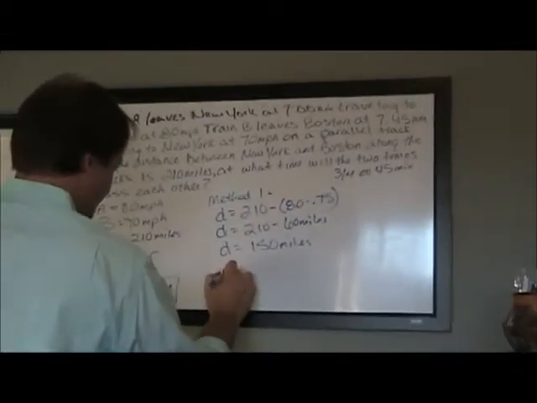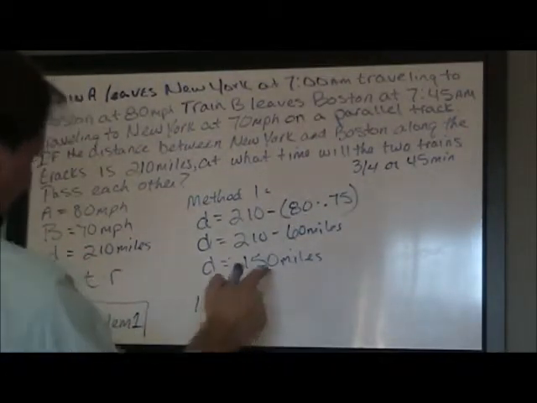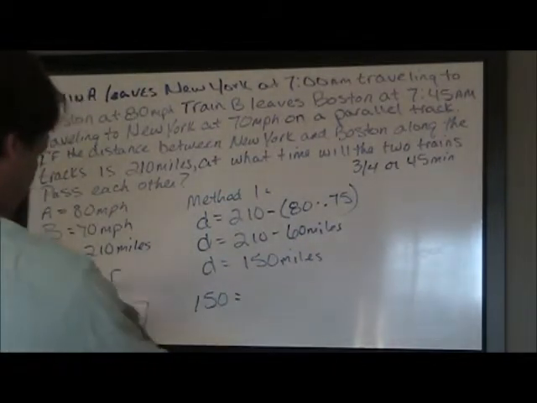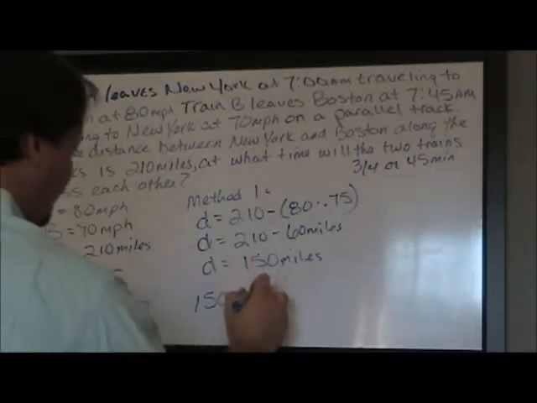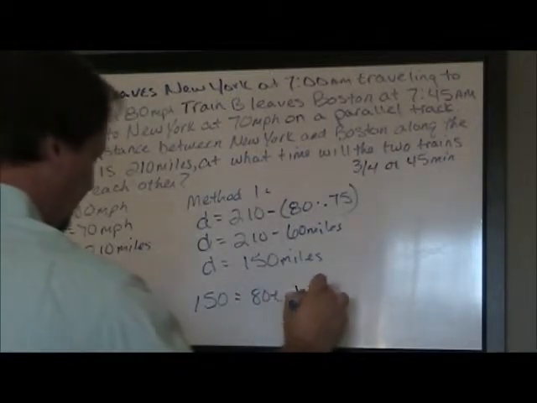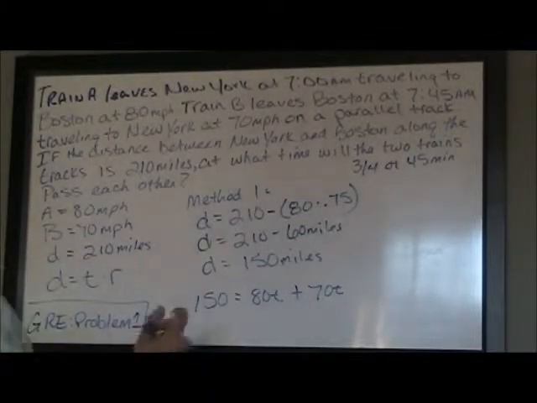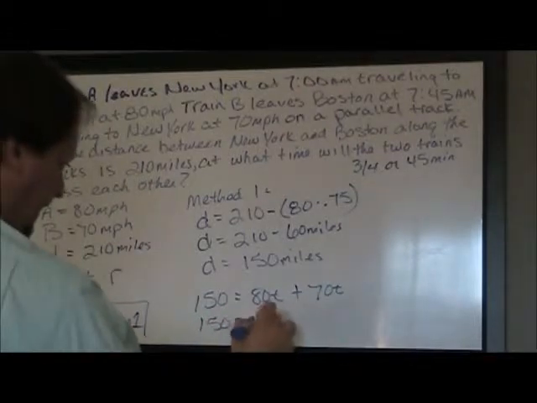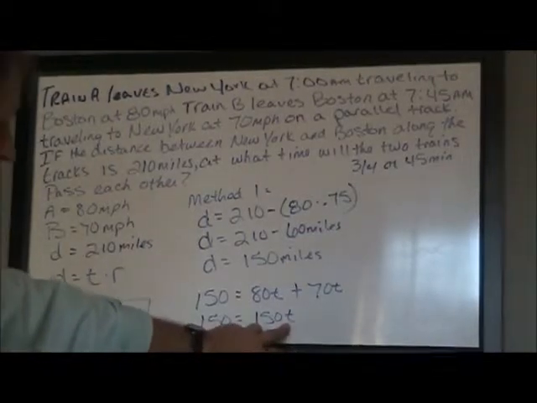So we know the distance is 150 miles. We know the rate of train A is 80 miles an hour, plus train B is 70 miles an hour. We have 150 miles. 80 plus 70 is 150 times the time, which we're trying to find.